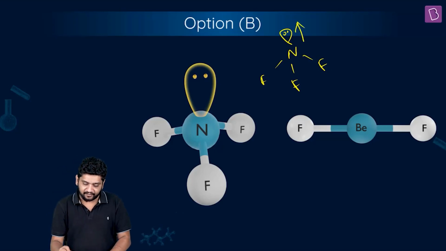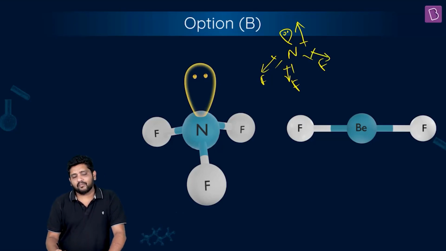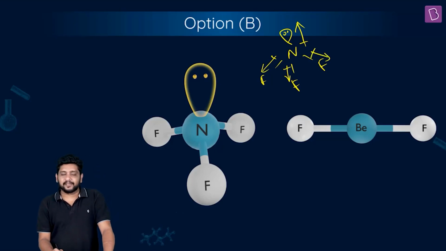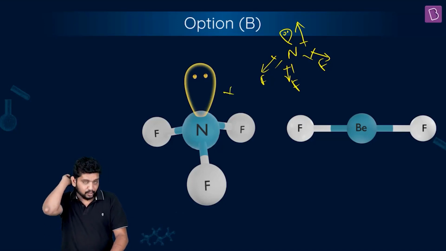This is the direction that we give for the lone pair dipole, like this. The individual bond dipoles are all going to be like this, right? Obviously, the net vector sum will be there. This is not going to be exactly 0. So this is also a polar molecule, right? Individual bonds are polar, and the overall molecule is also polar.